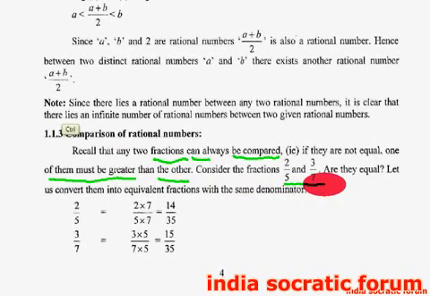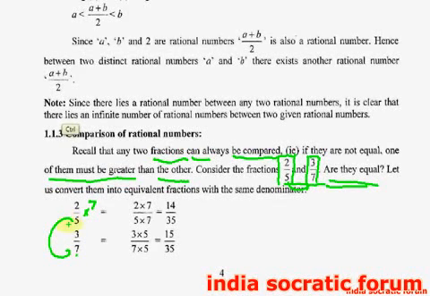So let's take a fraction, 2 by 5, and another one, 3 by 7. There are two fractions. Are they equal? It's very tough to tell whether they are equal. First we have to make the denominators equal. Since 5 and 7 are prime, we multiply 5 by 7 and 7 by 5 to easily get a common denominator.